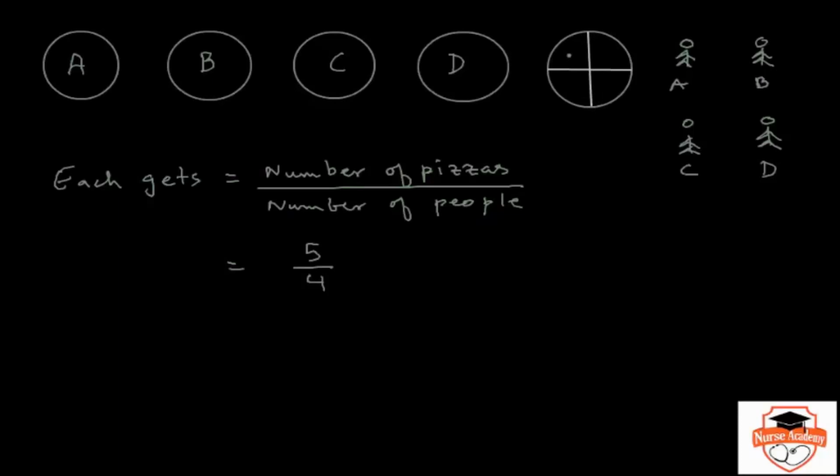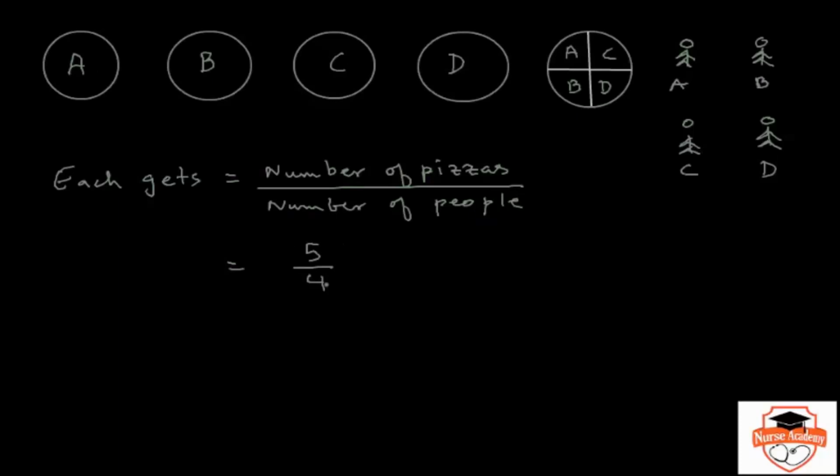You know where I'm going? This is for A, this is for B, this is for C, and this is for D. And now, as in the previous case, let's focus on A's share. It's going to be the same with B and C and D. So let's just focus on the share of any one of these 4 friends. Let's go for A.